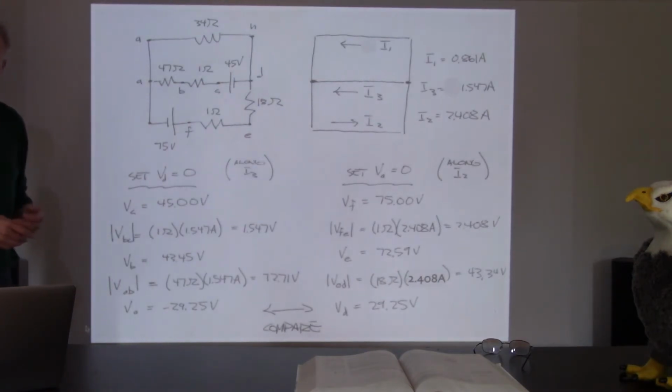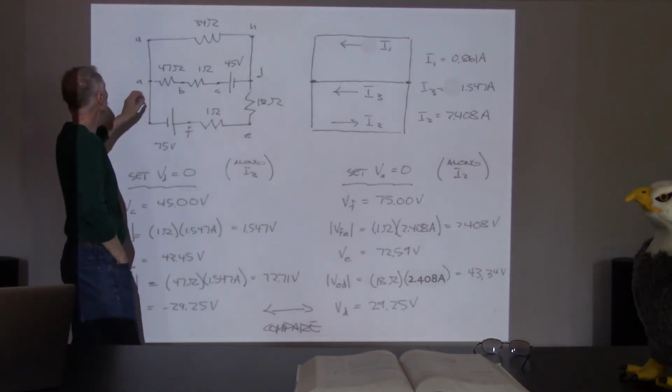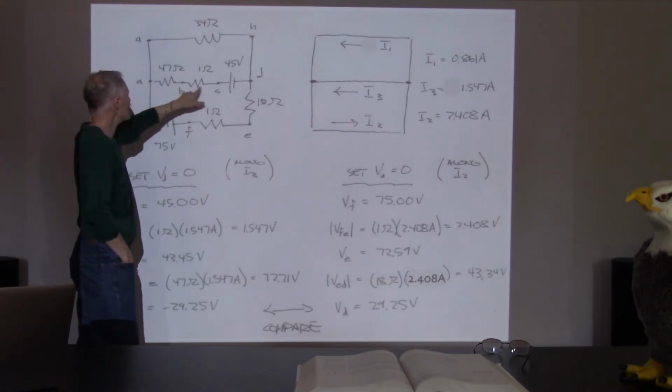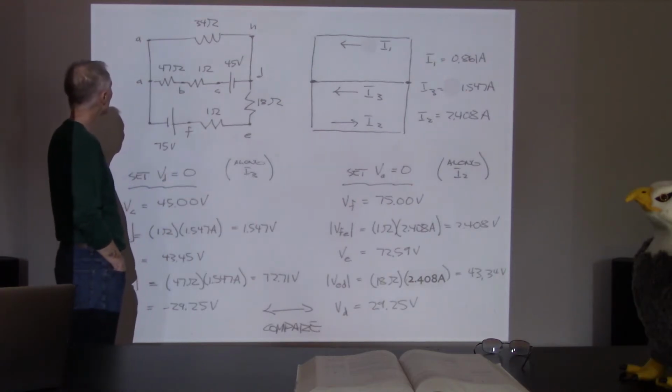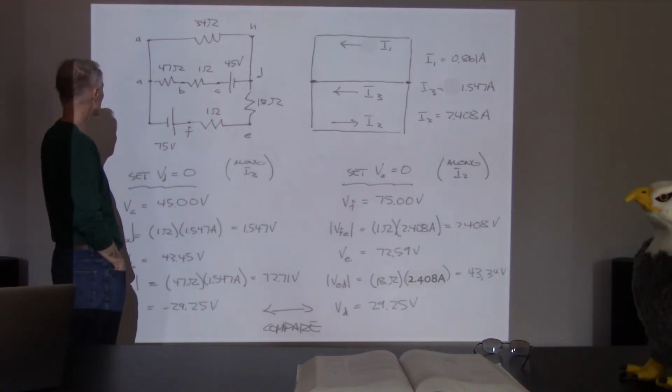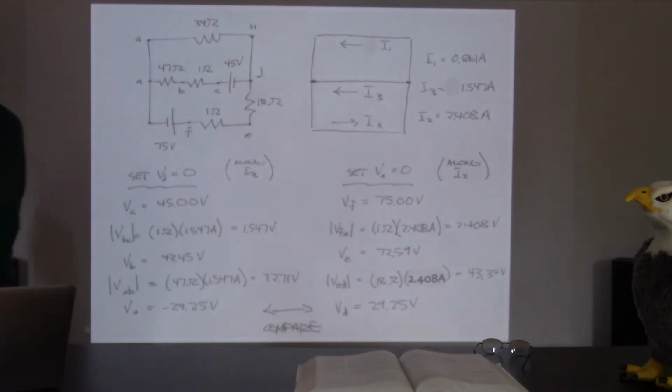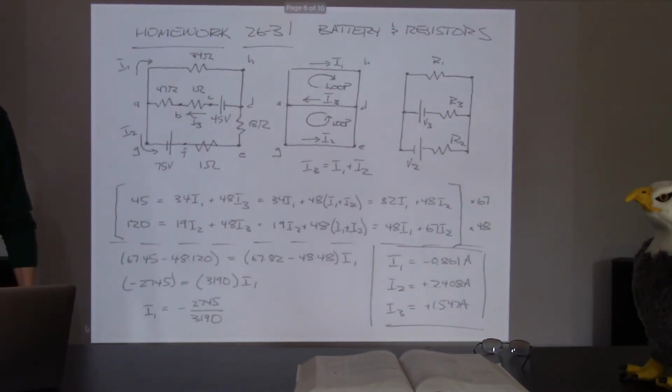Okay, and then in the later part of the problem, they go, well, let's determine all the voltages. What are the voltages that we're working with in here? So I went back and they wrote down all these A, B, C, D, E, F. Where did G go? Did I lose track of G? G's at the corner.